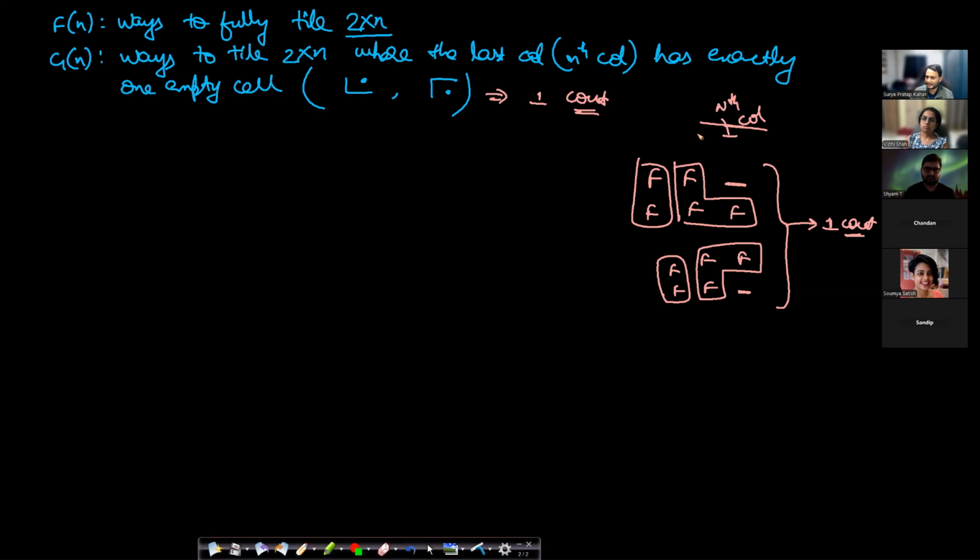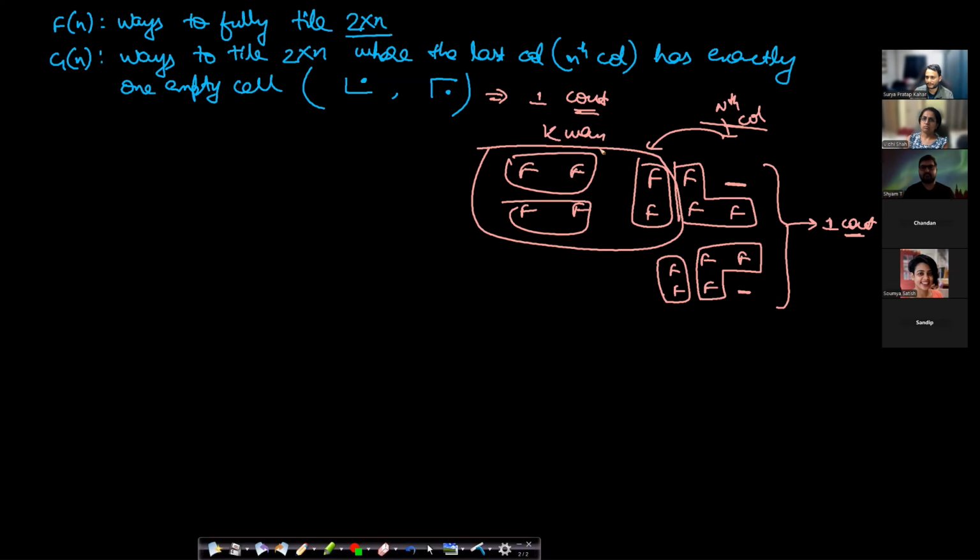So can I say that it can be a function of f of n minus 2? Think about it. Let's say I just use a domino on the left side, whatever I use. There are k ways to do this. This is the nth column, and this is the n minus 2th column.